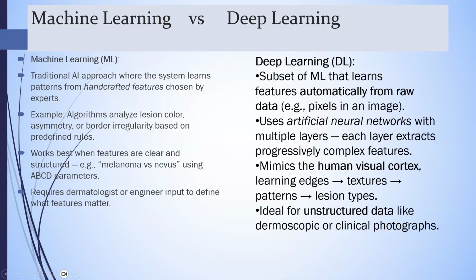You study it at multiple layers, and all the complex features are taken. Sometimes certain features which we as clinicians wouldn't have picked up can be picked up by this deep learning process. This is going to mimic the visual cortex. It is going to learn the edges, textures, patterns, types of lesions, and all these.